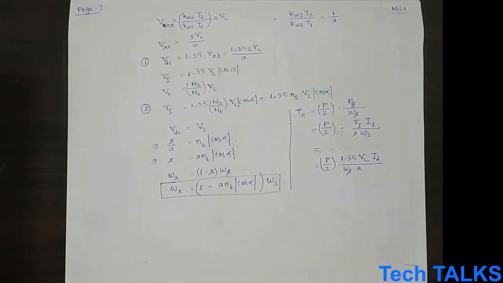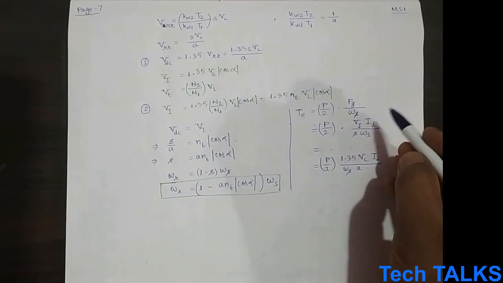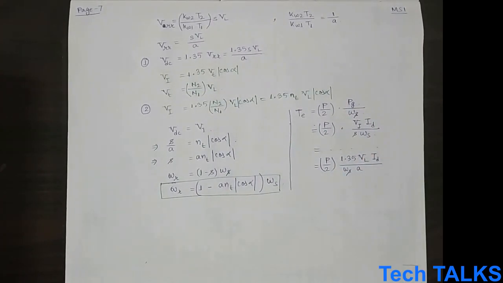This is the per phase torque. If you want to get the 3-phase torque equation, the total torque value, then you just have to multiply this one with 3.